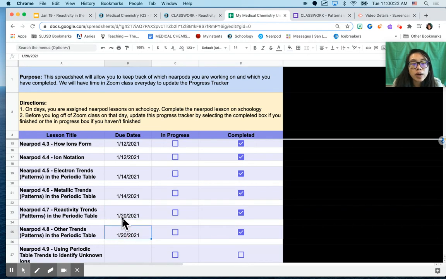And these 2 Nearpods will be due tomorrow at the end of class, the last 10 minutes before class. But again, if you finish the Nearpods early, and you complete the launch questions and only miss one question, as usual, you can log off early. Once you finish the Nearpods, that's your only homework for today, and that's pretty much it for today.